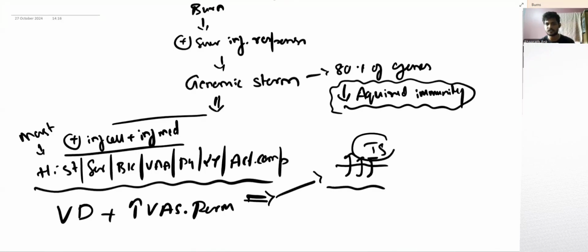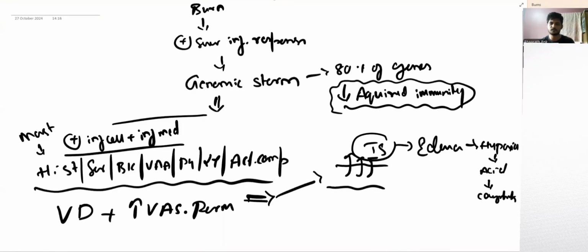This fluid in the interstitial space produces edema. As I told you, it is all about the basic pathophysiology of shock. Edema causes hypoxia, hypoxia causes acidosis, acidosis causes coagulopathy. It is the same flow chart we discussed in the shock chapter.